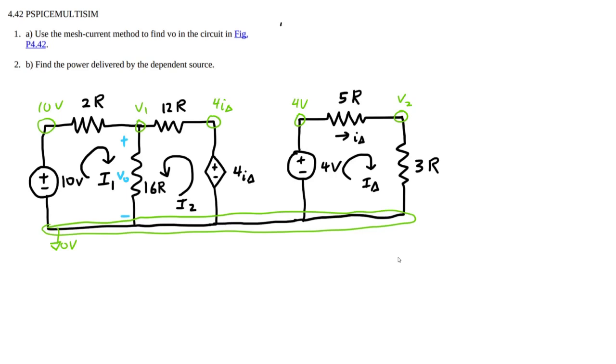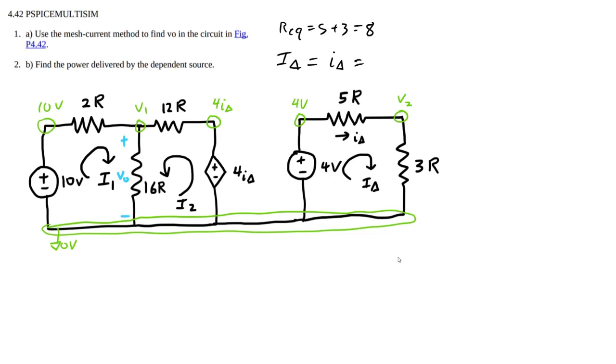So the R equivalent is going to be 5 plus 3 equals 8. I did a big I delta instead of little in the mesh current, but they are the same current for the same reason we saw in the last problem.